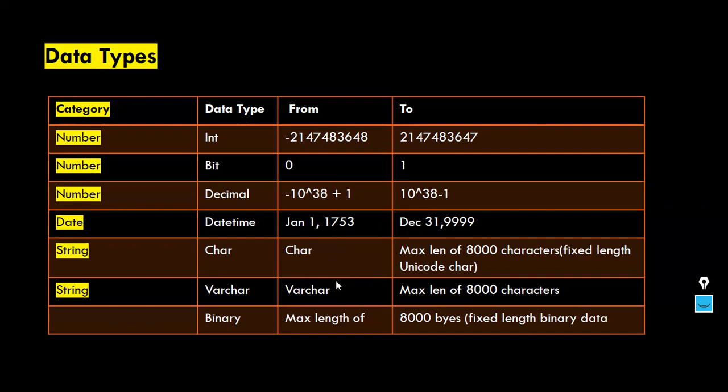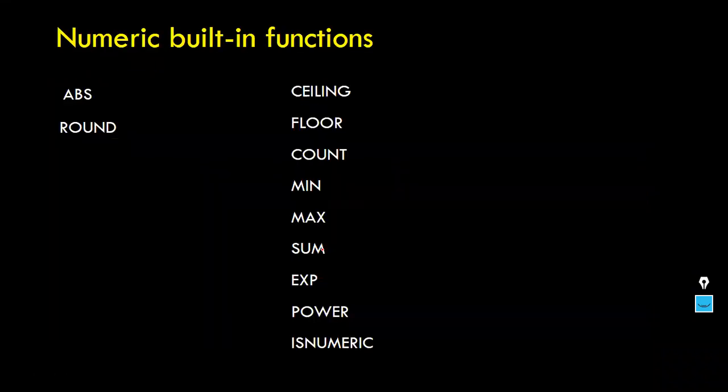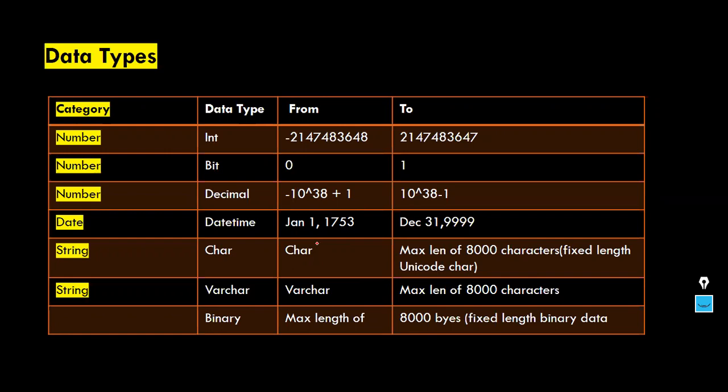Whereas in the case of varchar, see, there are advantages and disadvantages with char. Char of 15. For example, if you specify the width as 15 here, let's say in the table you have a column named first name. For that, you have defined the data type as char and the width as 15.